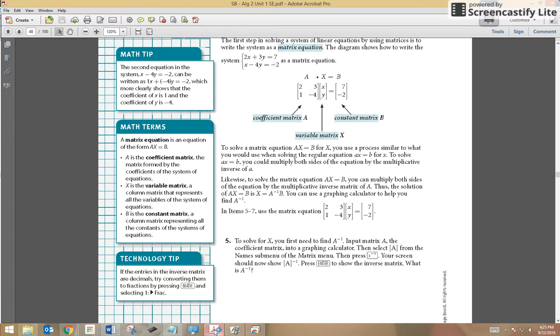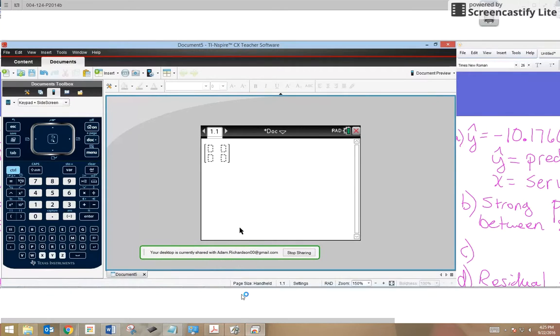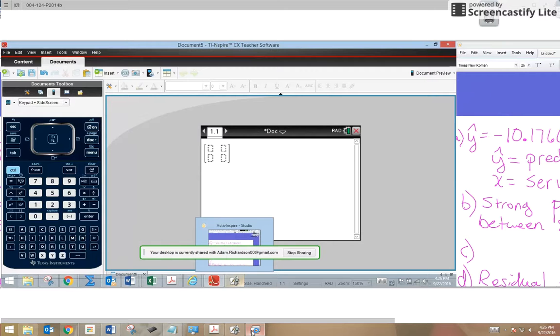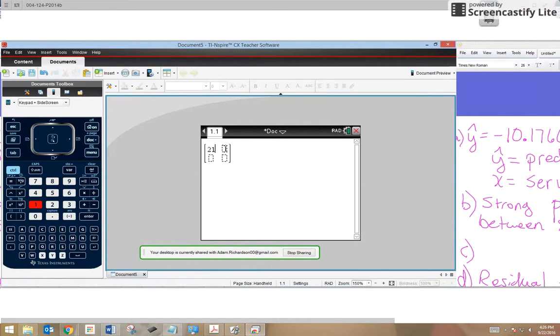Okay, so continuing here, going to put the values in for this matrix: 2, 3, 1, -4. Okay, and then I'm going to hit store.